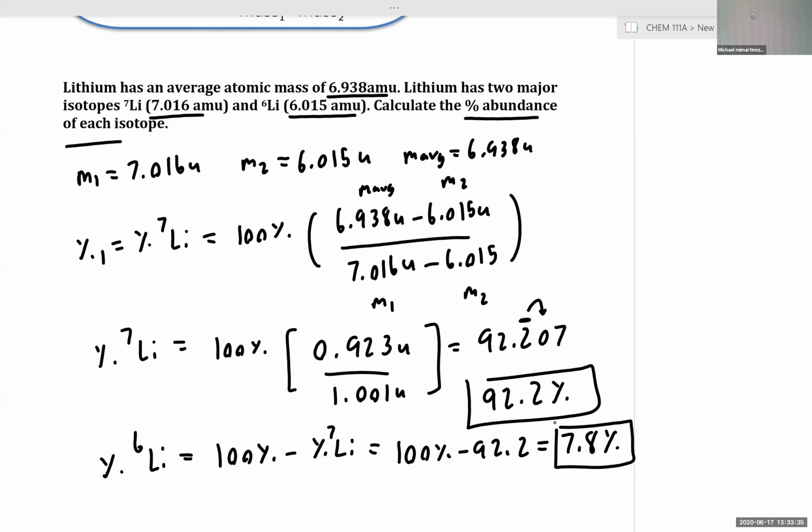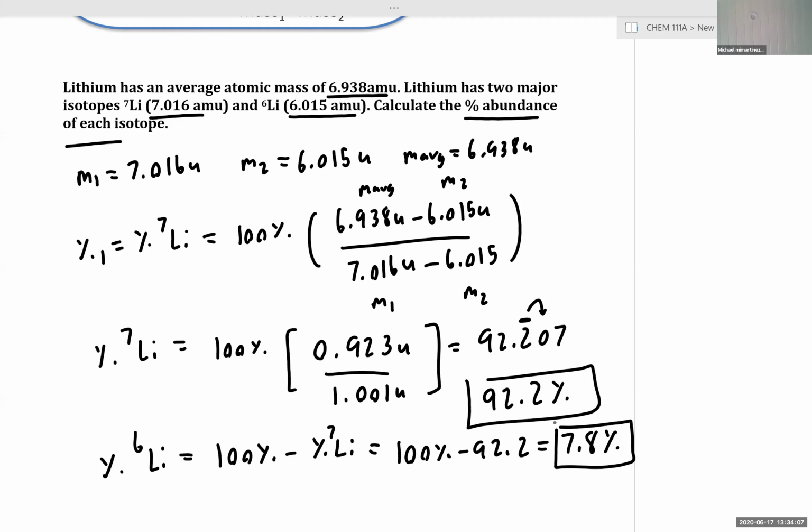Any questions on this example? Does this example make sense to everyone so far? When finding the percentage for lithium 6, it's fine to just use the 92.2, right? We don't have to use the 92.207. Ideally, you'd want to use the full number, but in this case, it doesn't make a difference.